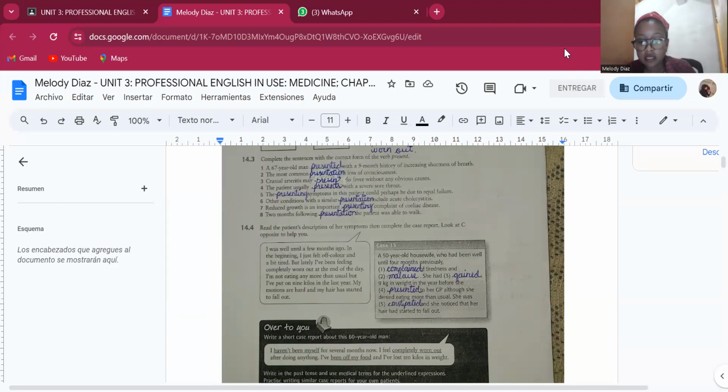Read the patient's description of her symptoms to complete the case report. Look at the case opposite to help you. I was well until a few months ago. In the beginning, I just felt off color and a bit tired.